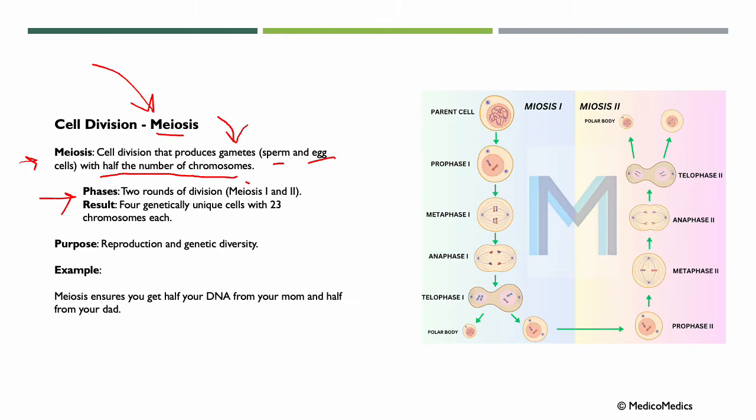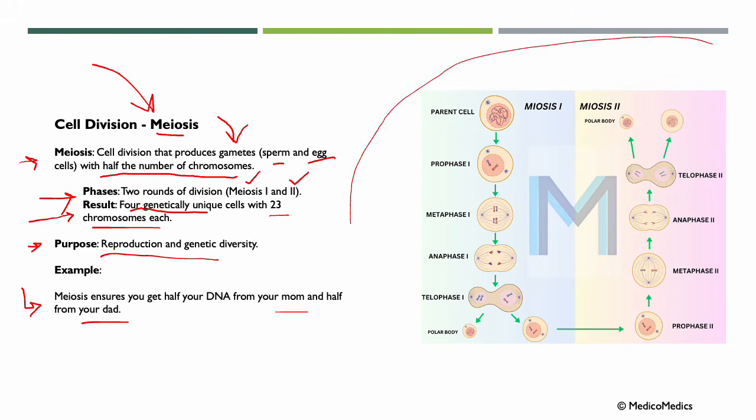So we have meiosis 1 and we have meiosis 2. And the result of meiosis is 4 genetically unique cells with 23 chromosomes each. The purpose of this is reproduction and genetic diversity. So for example, meiosis ensures you get half your DNA from your mom and half from your dad.